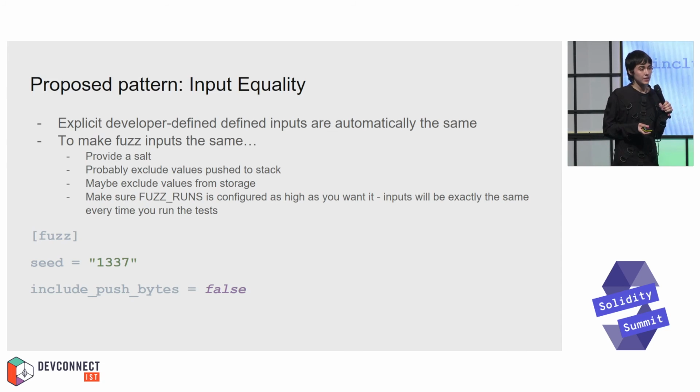But something that could be really interesting is building directly into Foundry checking, for example, asserting that the state root of these contracts is the same after every test run. That could give you really high confidence that the state changes between your two implementations are exactly the same.